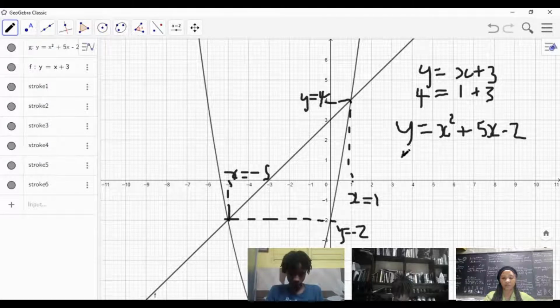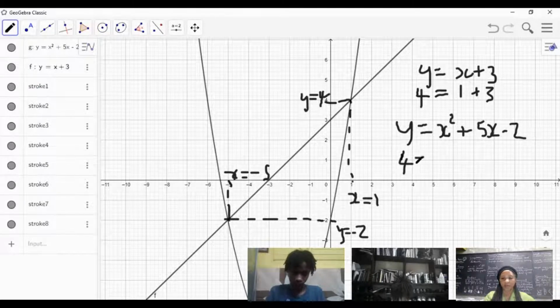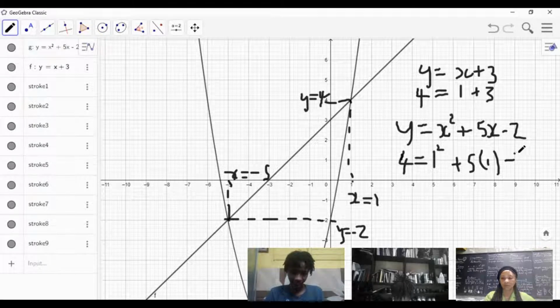We're doing these two first. We're saying y is 4, x is 1. Let's see if it works out. So y is 4, and the x would be 1 squared plus 5 times 1 minus 2.